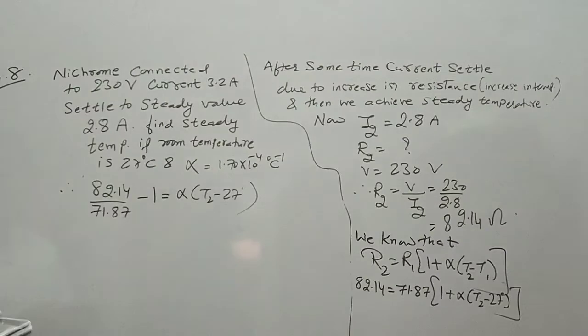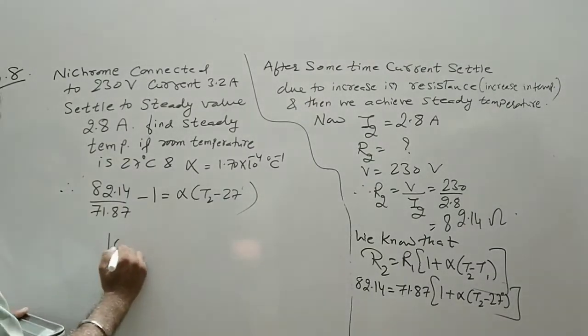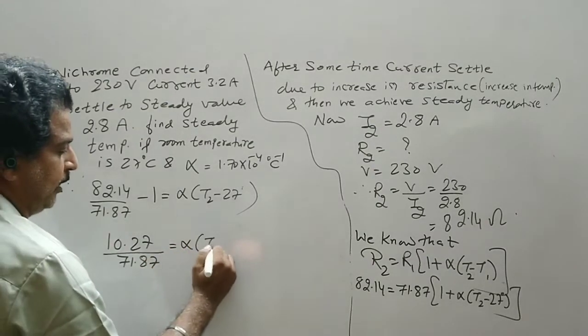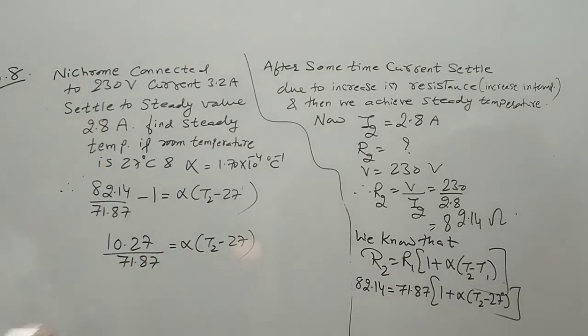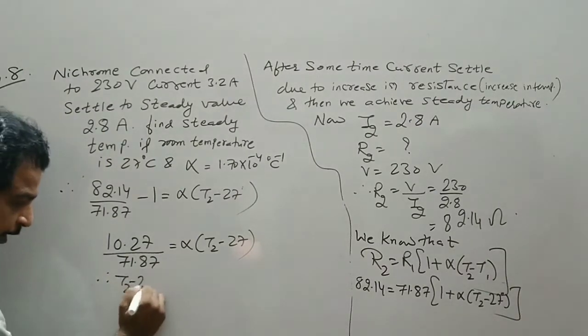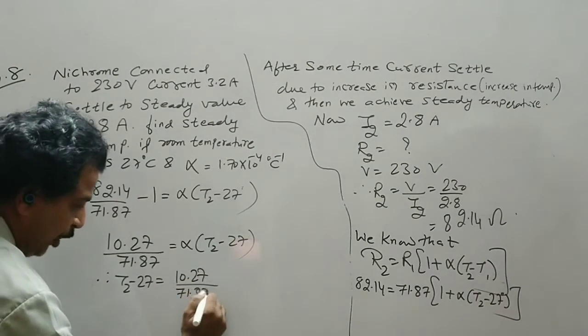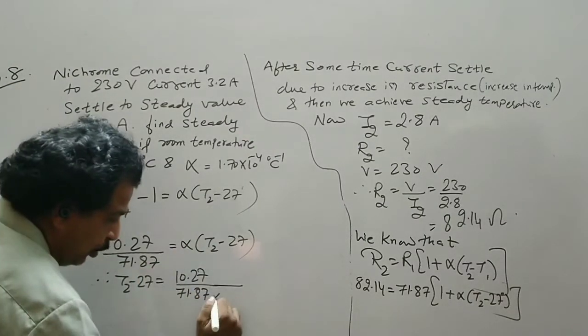So this can be written as 82.14 minus 71.87, that is 10.27, divided by 71.87, is equal to alpha into T2 minus 27, and therefore T2 minus 27 is equal to 10.27 upon 71.87 into alpha.